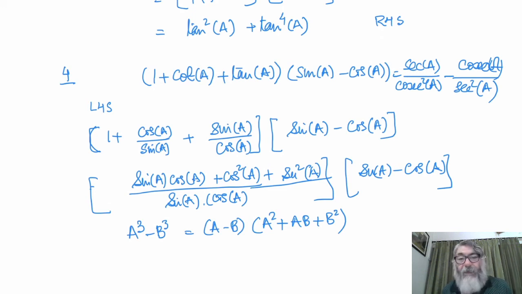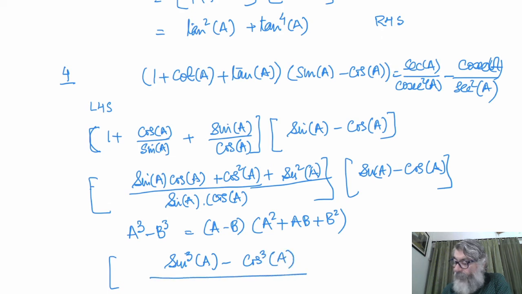In place of b, I have cos a. So sin a minus cos a into sin square a plus cos square a plus sin a cos a. If a is replaced by sin a and b by cos a, then I will get in the numerator sin cube a minus cos cube a, divided by sin a cos a.